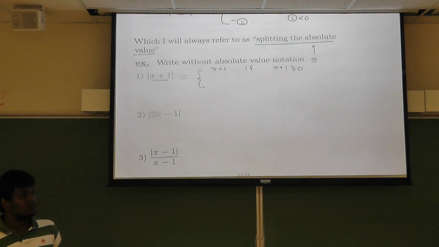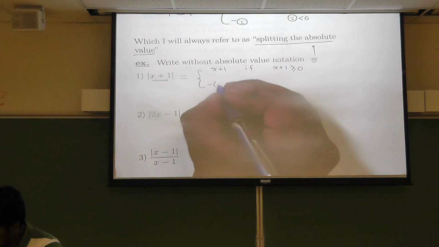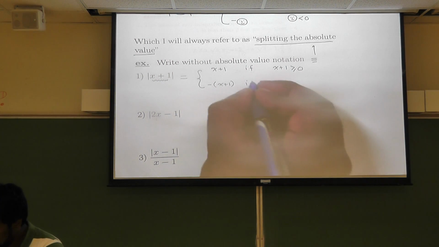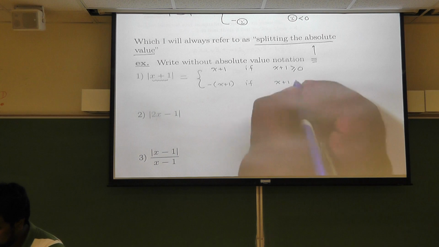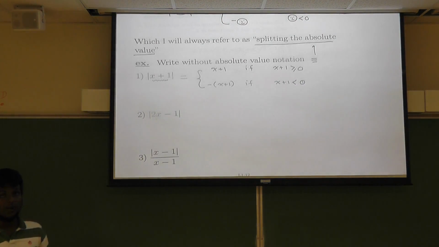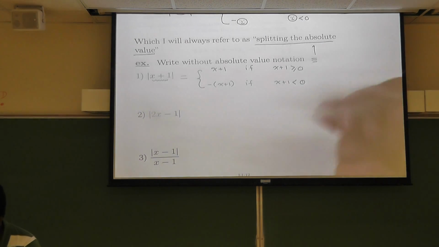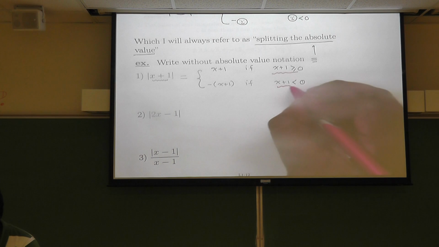If that guy is bigger than or equal to 0, and negative of x plus 1 if x plus 1 is less than 0. So that's how you correctly split the absolute value. What's really important is this part.